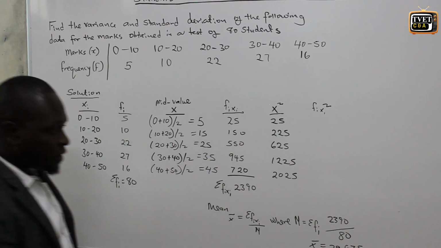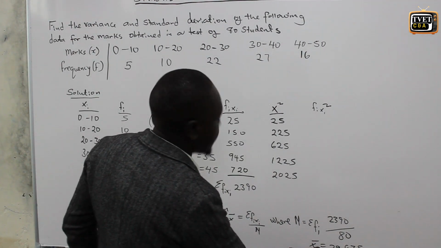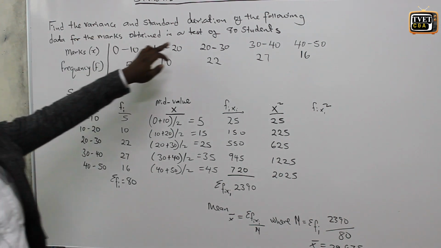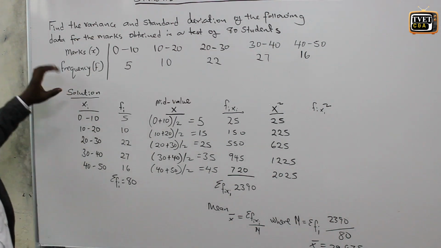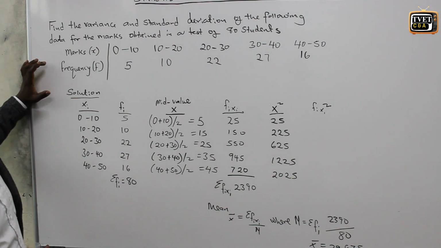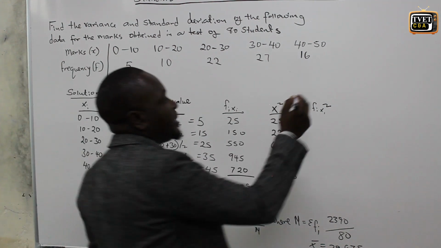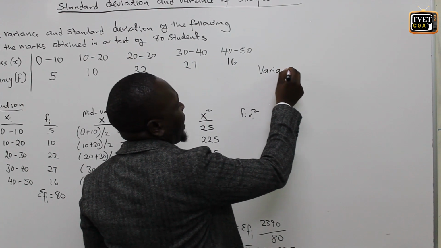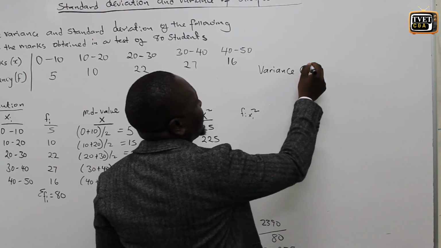Now when you look at the question, it says find the variance and the standard deviation of the following. So what we are being asked for is the variance. The formula for finding the variance, you know very well, is the square of the standard deviation.